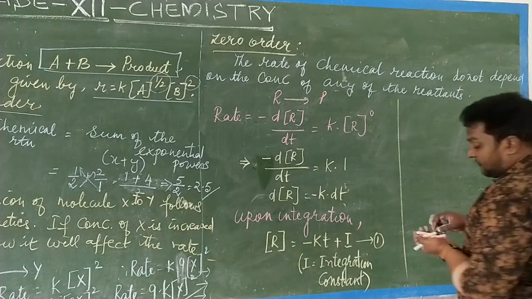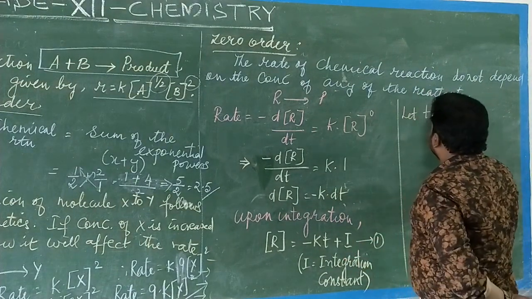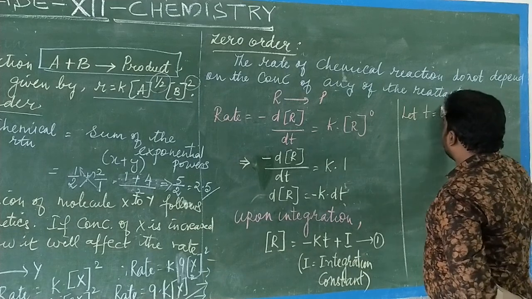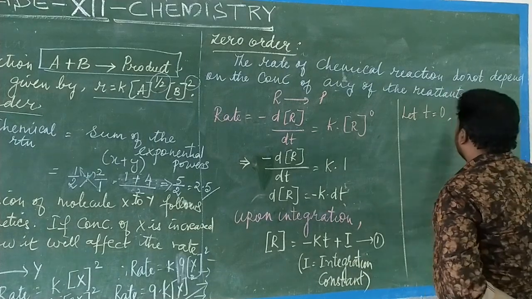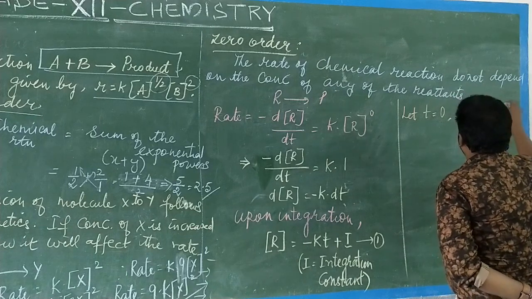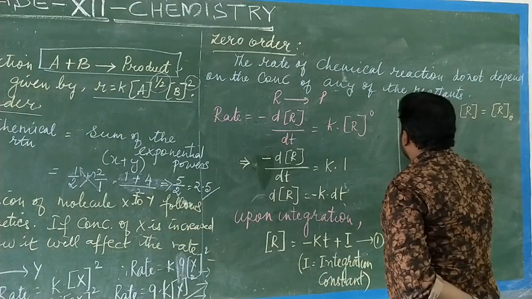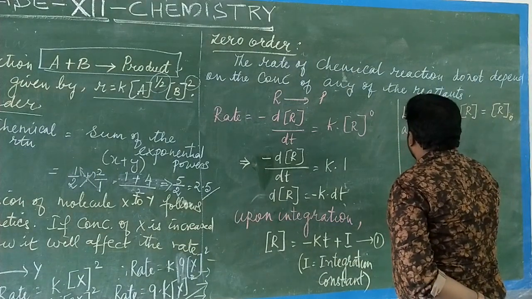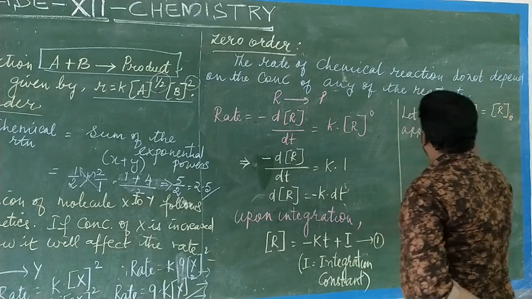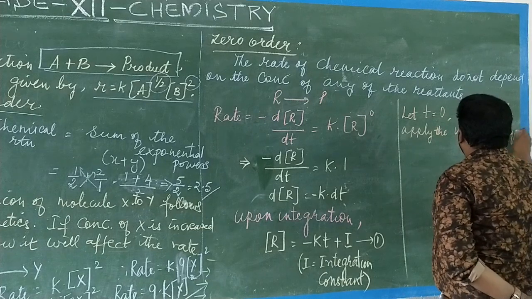Now we are going to assume that at time t is equal to 0, the concentration of R becomes concentration of R naught, the initial concentration. We apply these values in equation 1.